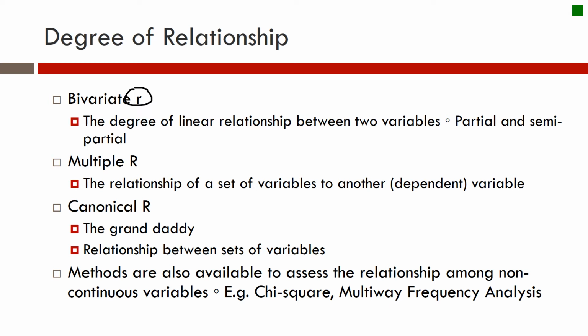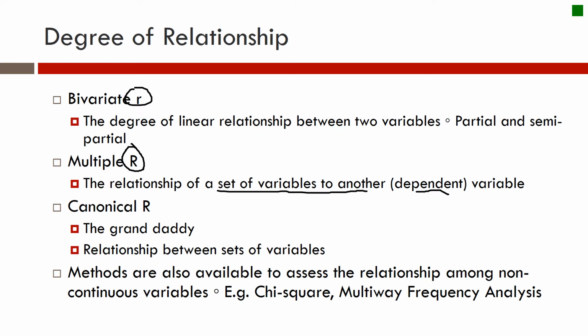Sometimes we have multiple relationships happening simultaneously. So a relationship between a set of variables as the set of variables relates to a dependent variable. So like when we look at R squared and multiple correlations, then we think of things like that.